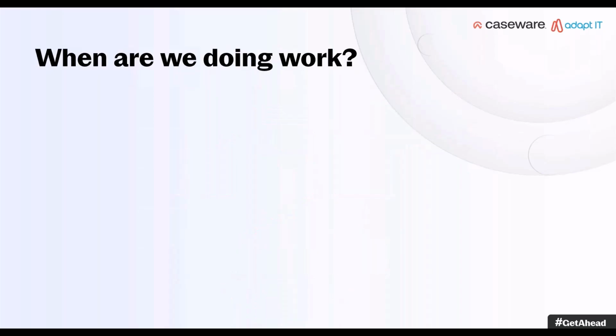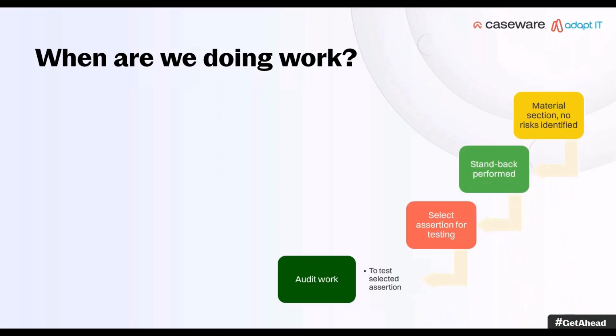So when are we doing specific or what work? When we have these material sections, we know no risk has been identified. We've said before, we'll do the stand back procedure, and we'll ask ourselves, have we done everything? Are we sure we didn't miss any risks of material misstatement? And then, as we've mentioned, I then need to select an assertion for testing.